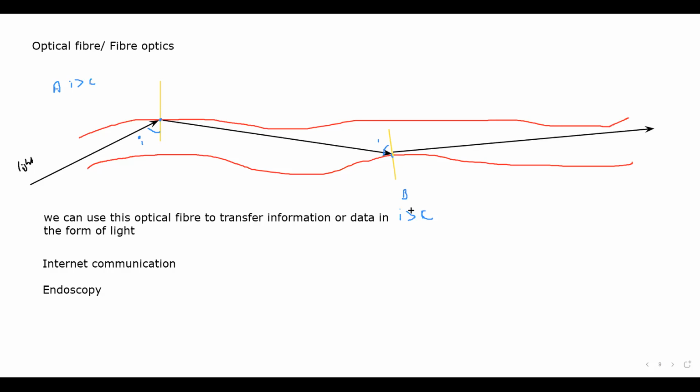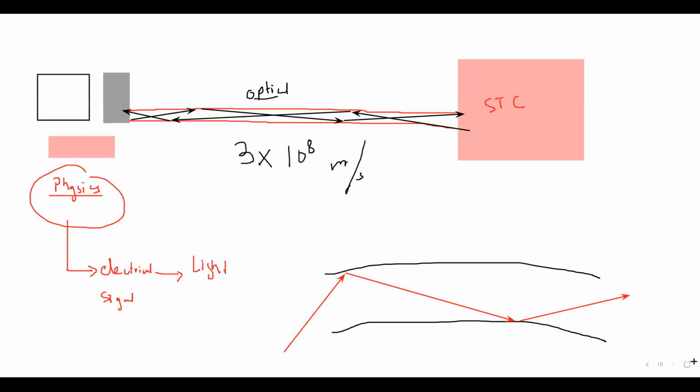There's also another use of optical fiber in endoscopy, in the medical field. For example, if a doctor wants to examine the esophagus or the stomach, how can they examine it? They use optical fiber. Instead of using one piece, they use a bundle of thin optical fibers.